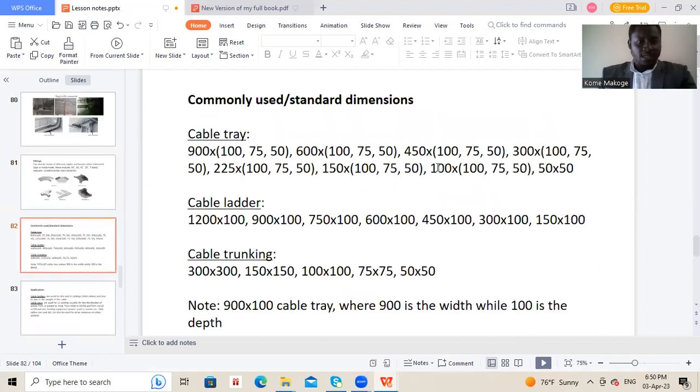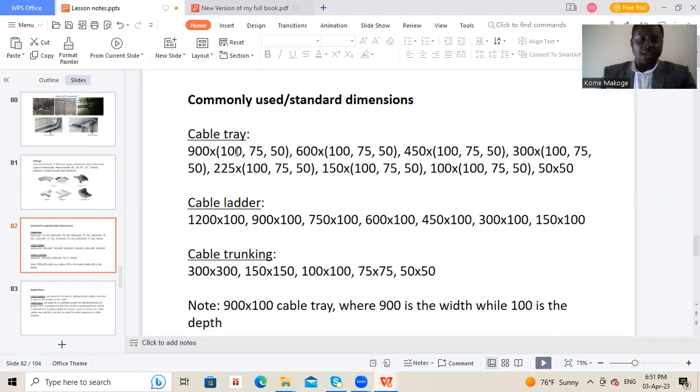Move to the next slide, which is the commonly used and the standard dimensions for cable tray, trunkings, and ladder. As you can see, we have 900 by 100, or 900 by 75, or 900 by 50. So the 900 will be the width of the cable tray, or the trunking, or the ladder, whatever.